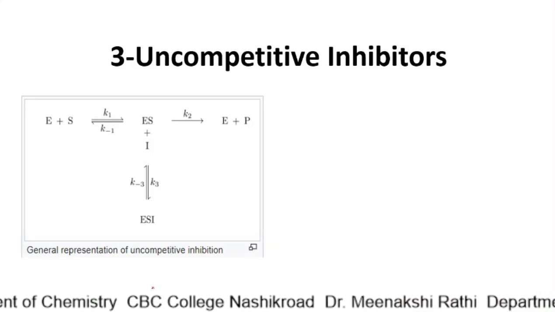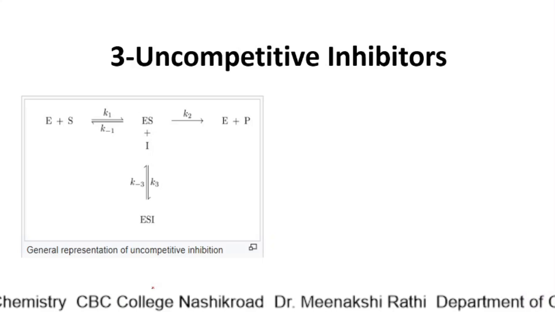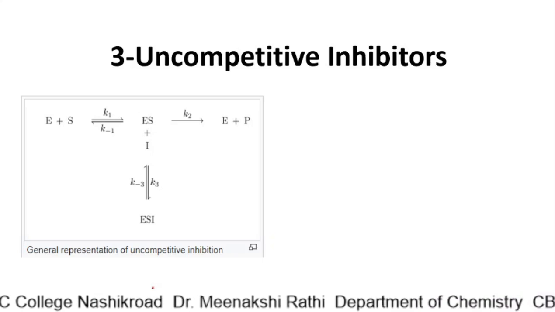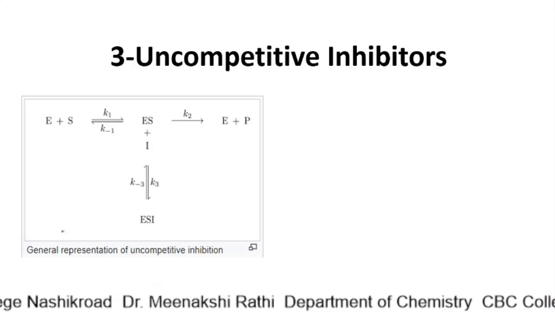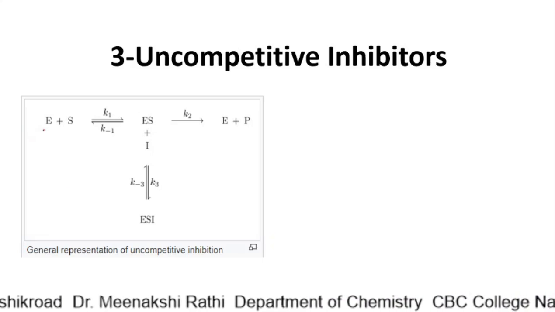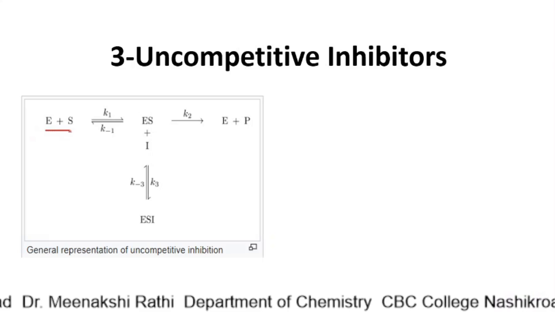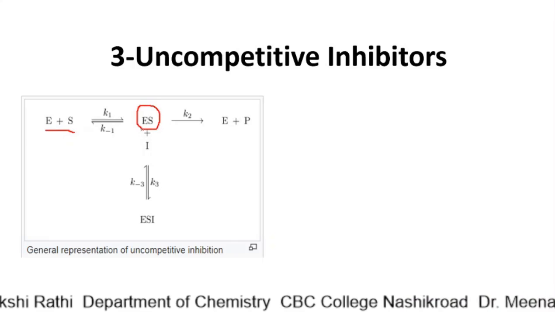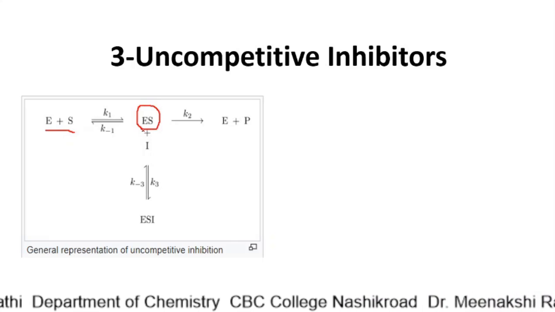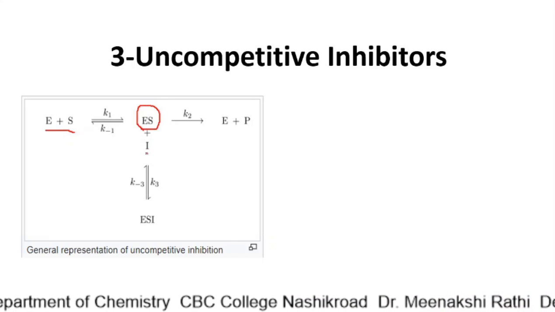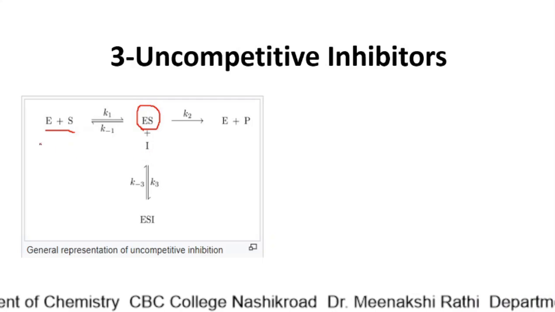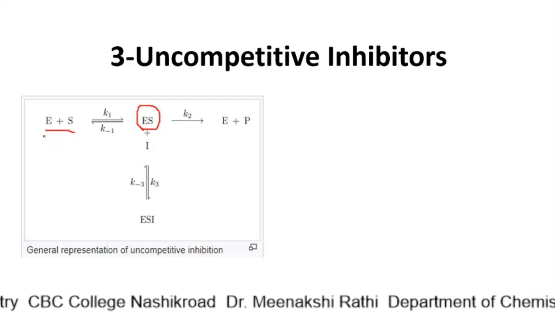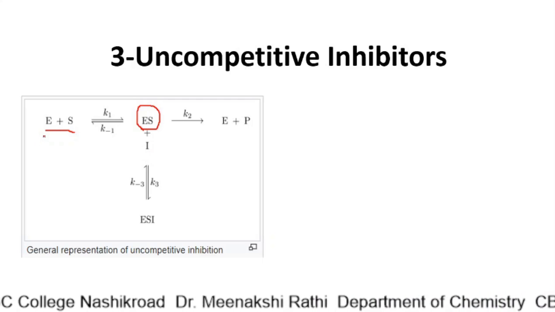Now in this reaction you can see that there is an enzyme plus substrate, and there is formation of enzyme substrate complex. Here you can see the inhibitor is not attacking the enzyme directly like in competitive and non-competitive.